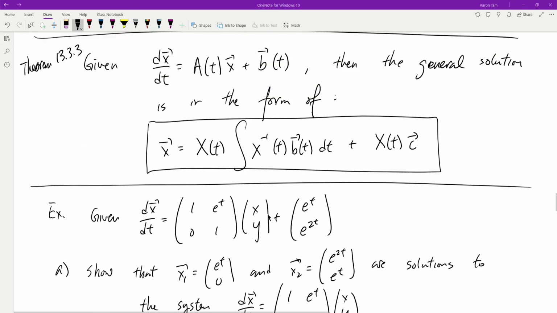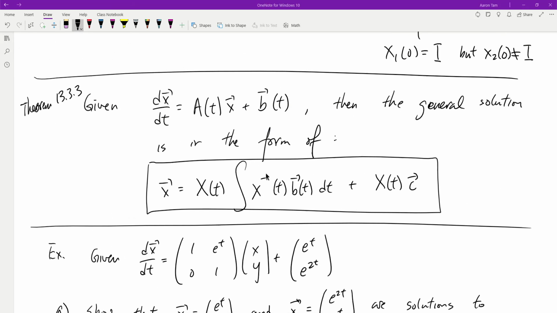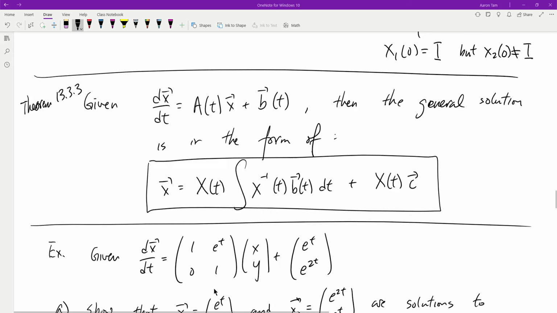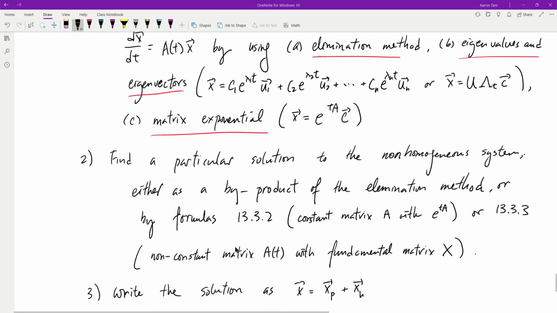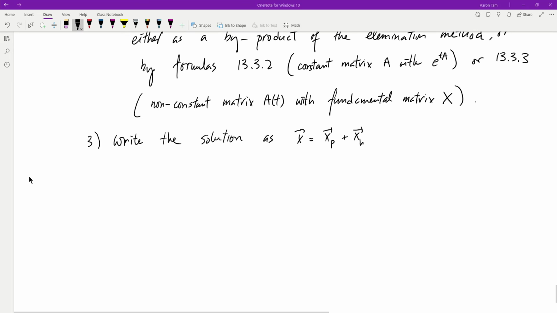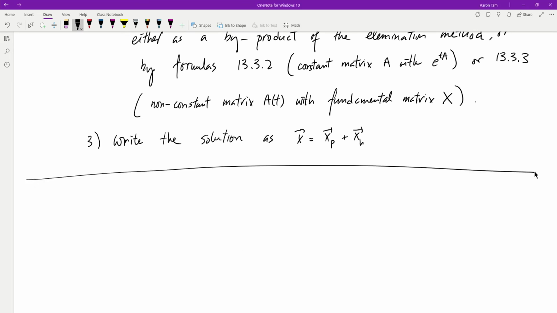So I'm going to use the fundamental matrix formula, using a non-constant coefficient matrix, and see how it goes. I can tell you right now, these types of problems are extremely difficult with a lot of things going on, and any little mistake can totally ruin your problem. So hopefully I don't make any mistake while I'm making this video, because that will be a little embarrassing.